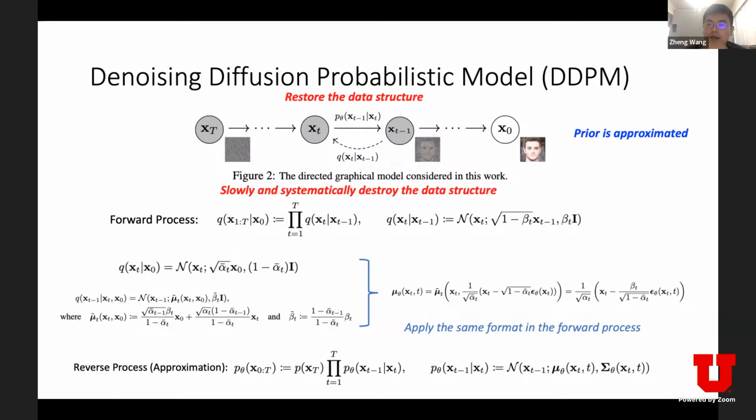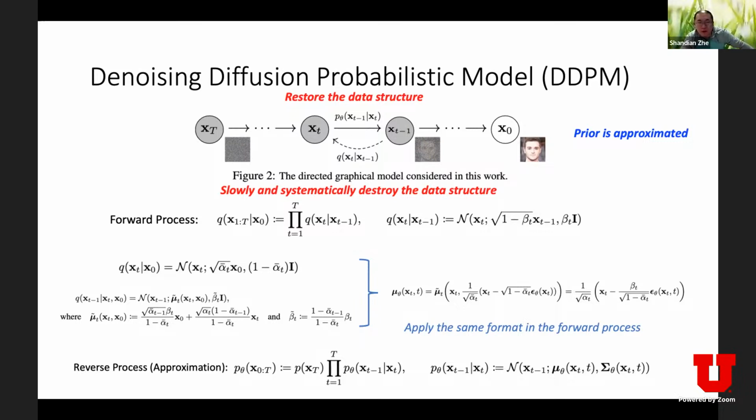It's just the construction of the generative model, because the form of the posterior is explicitly formulated, so the reverse process, I just call it a prior. So actually, the prior should be quoted here. It's not exactly the prior of the xt.